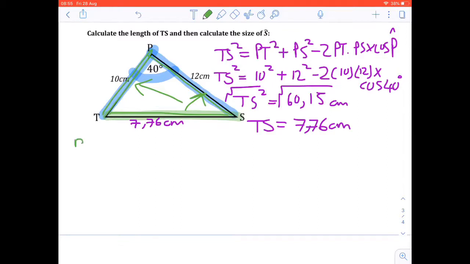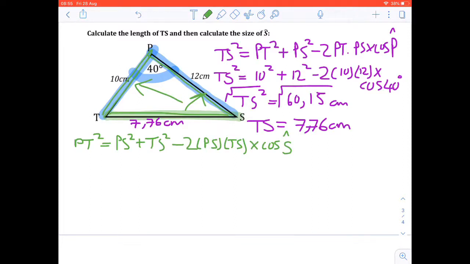Okay, so let's write this out in terms of the cos rule. It would be PT squared equals PS squared plus TS squared, our two sides, minus 2 times those two sides, times cos of S, which is what we're looking for.